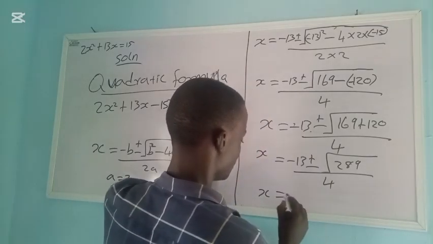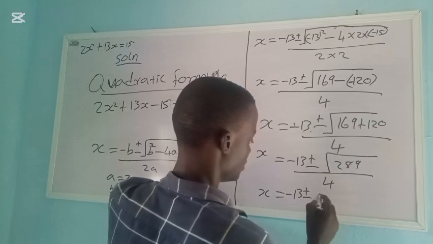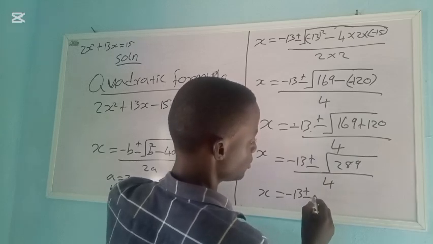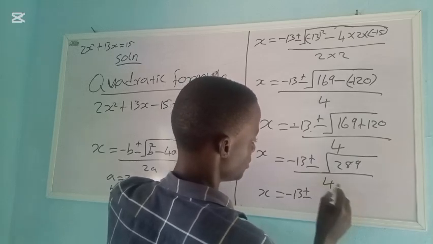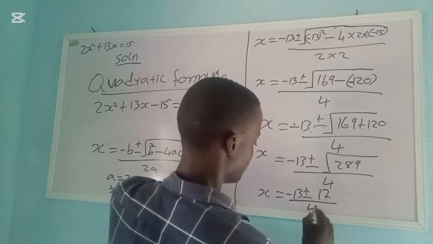So x is equals to minus 13 plus or minus this one, root 289 is 17 all over 4.